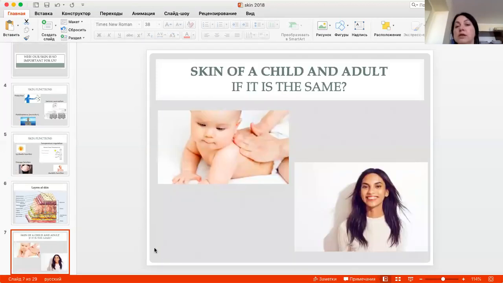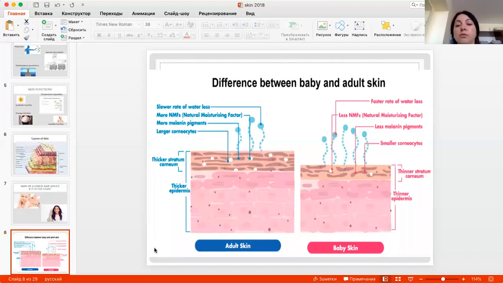So, skin of a child and adult, is it the same? Sure, not. How is it different? Look, first of all, when we talk about histological peculiarities of skin in children, we should say that adult skin and baby skin have plus minus the same thickness, but the thickness of each layer is different.